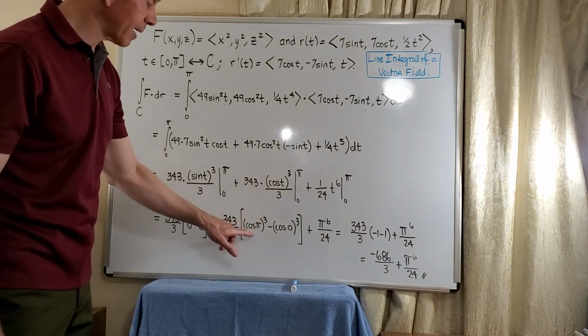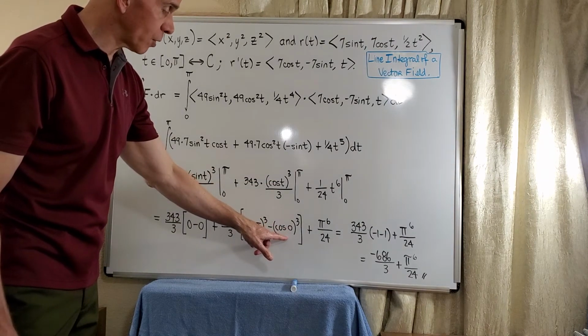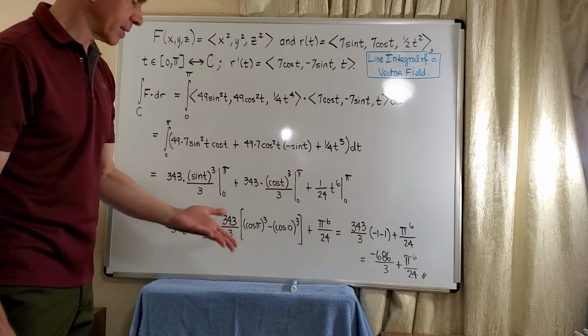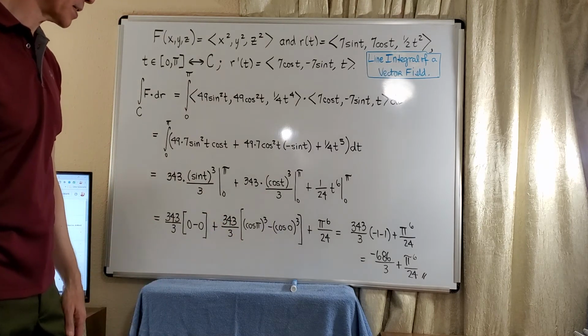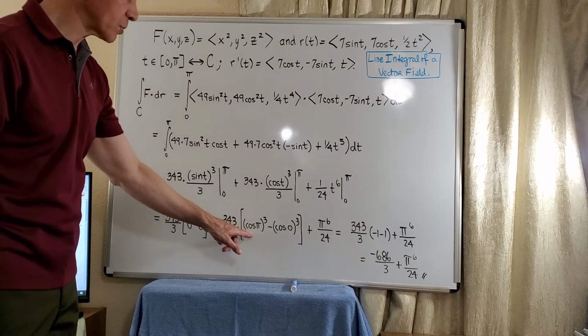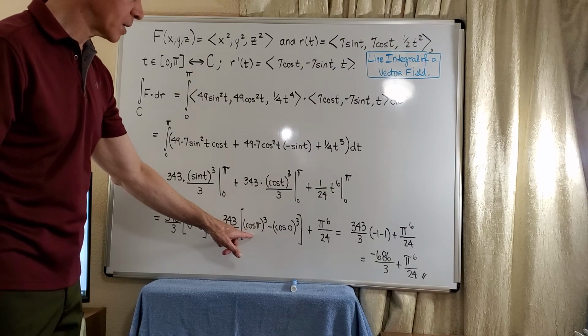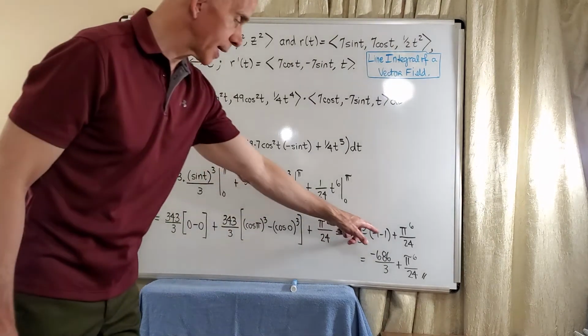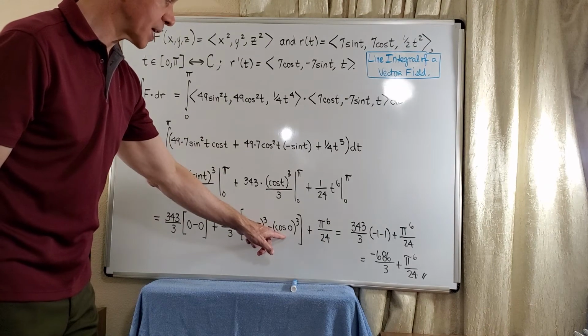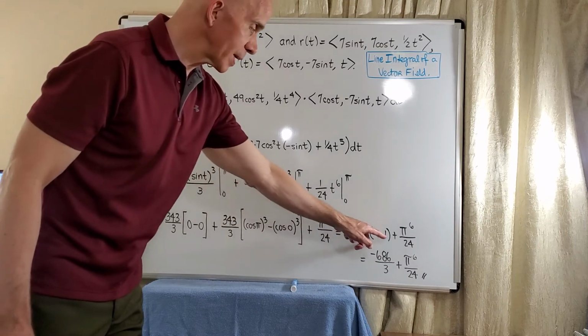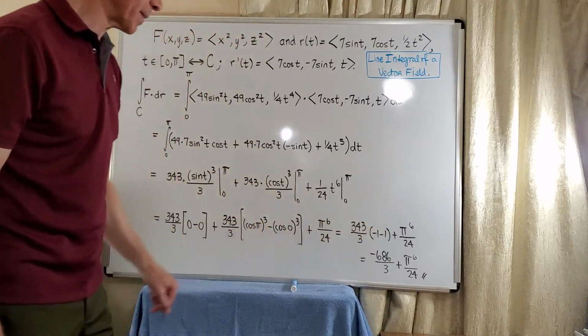Here, cosine pi and cosine 0 are non-zero, so we do want to consider them. The cosine of pi is negative 1, so cubing negative 1 gives us negative 1. The cosine of 0 is 1, and that will give us another negative 1 with the fundamental theorem.